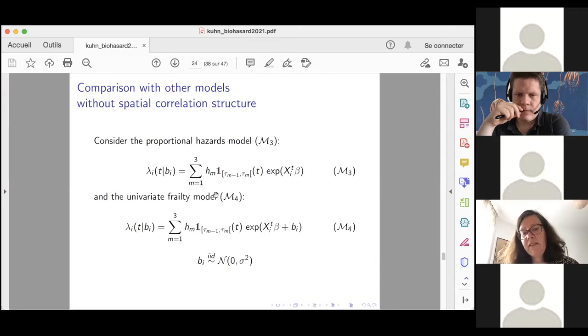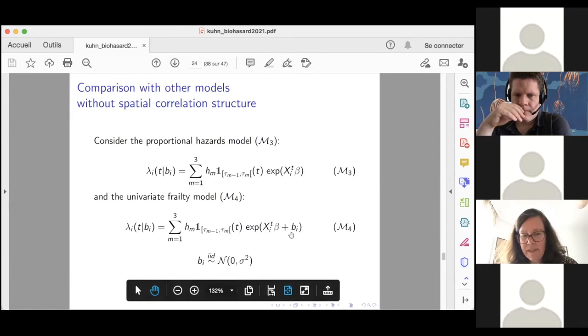It's like the Cox model, but you specify a parametric form for the baseline. And the second model we consider is a univariate frailty model. So you have a frailty for each individual, but you take the frailties independent and identically distributed, without correlation structure.